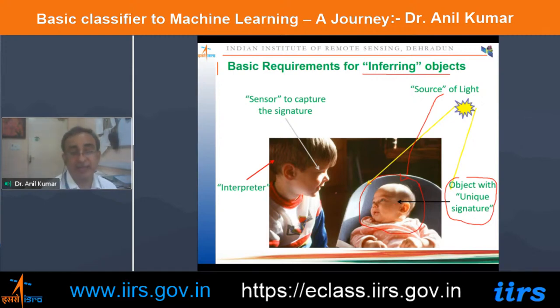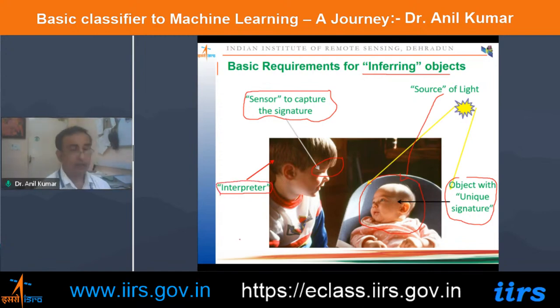Then if somebody is looking at them, that look works as a sensor to capture the signature of that baby. Signature means the different features, received mainly through the eyes, where the maximum information content goes, and then in the brain we can do interpretation. This is the way we can have the basic feeling of an object.